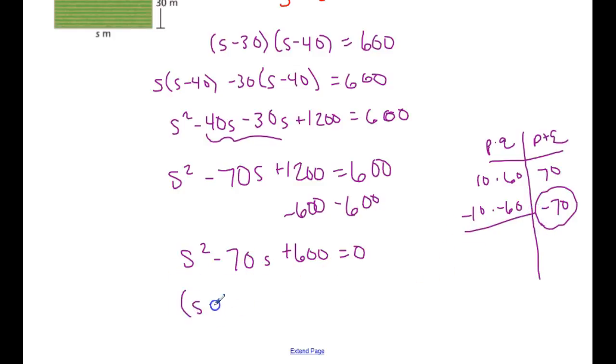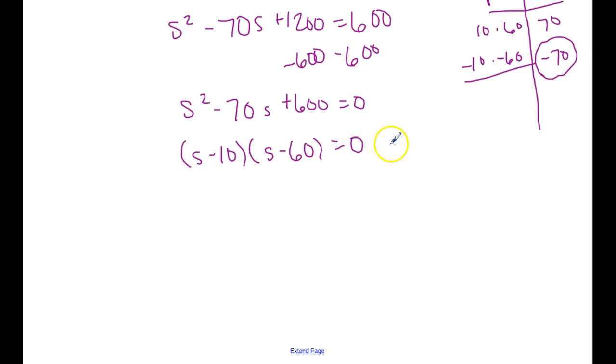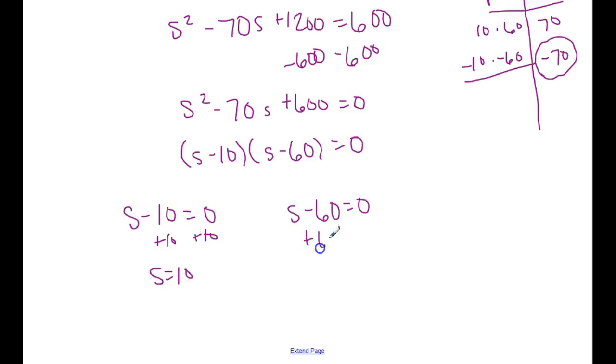So now I can write my product of binomials equals 0. So now that I have this multiplying together equals 0, I use my zero product property. So s minus 10 equals 0 and s minus 60 equals 0. Then I solve. So s can equal 10 and s can equal 60.